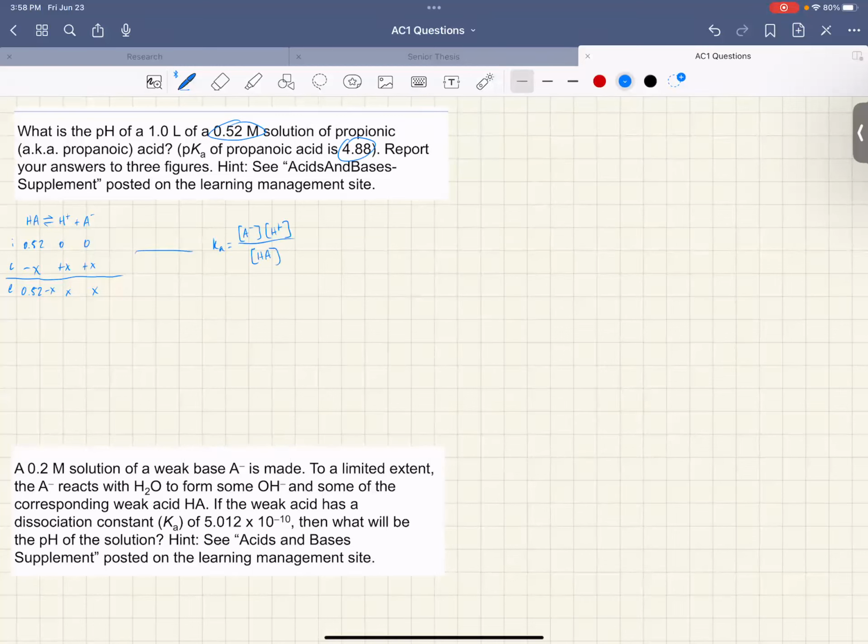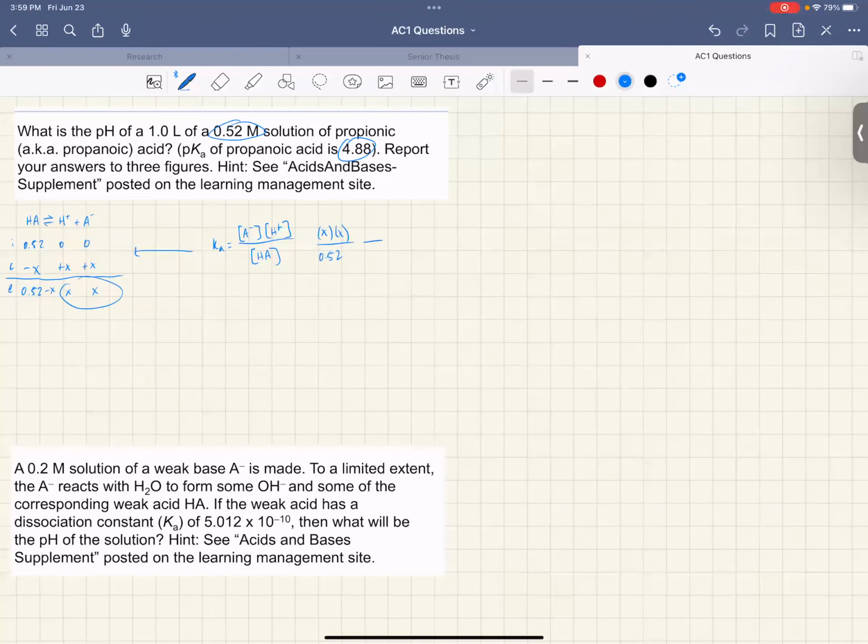And if we look back over here, we actually have all of those things. So we can write this as X times X over 0.52 minus X. For this class, we'll pretty much always be making the assumption that this X is small enough that we can ignore it.